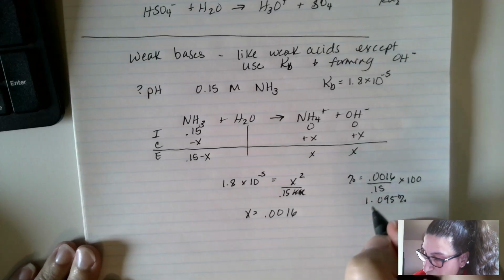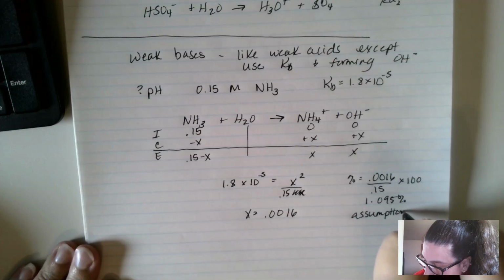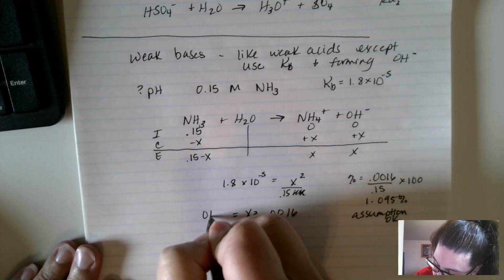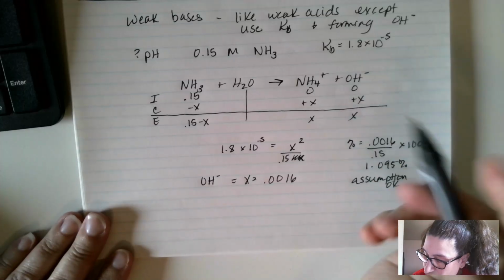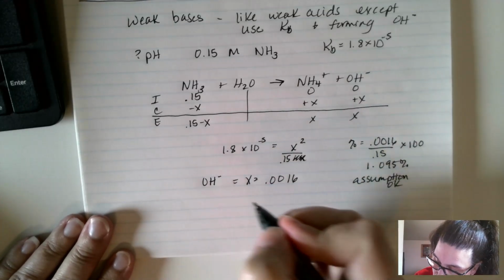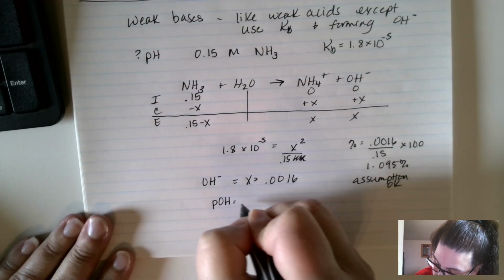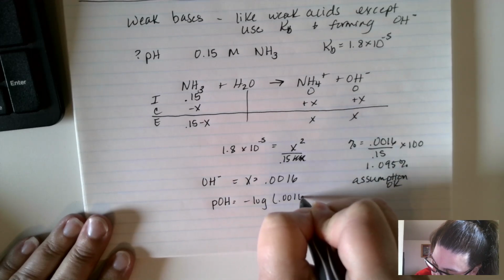So that means my assumption is okay. So this then is my OH- concentration, because in this chart I form OH-. So I'm going to do my pOH, which would be negative log of my OH-.